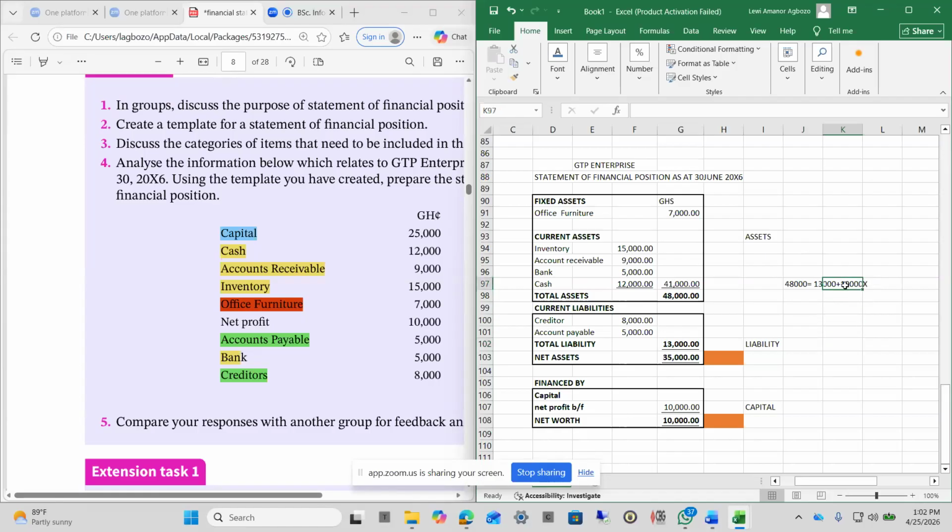It should be 10,000 plus x, because we are looking for only one variable.